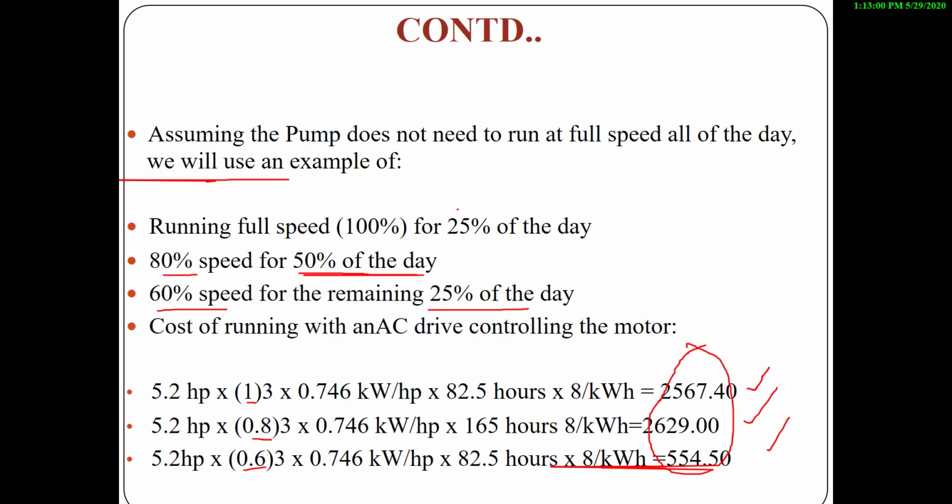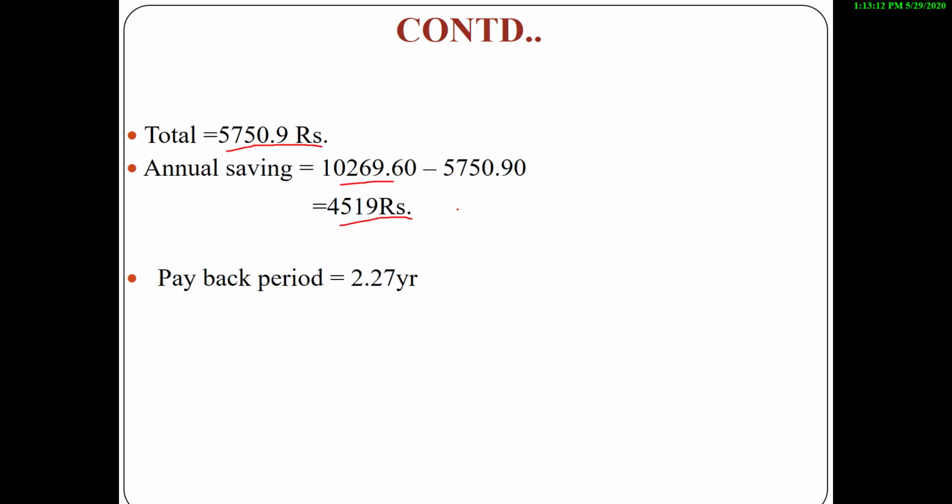This is a comparison between before installation of VFD and after installation of VFD, that is variable frequency drives. After installing, we are saving an amount of 4,519 rupees annually, and the payback period is 2.27 years.